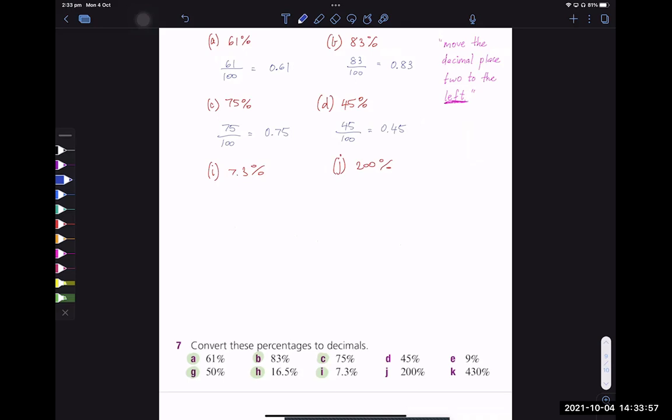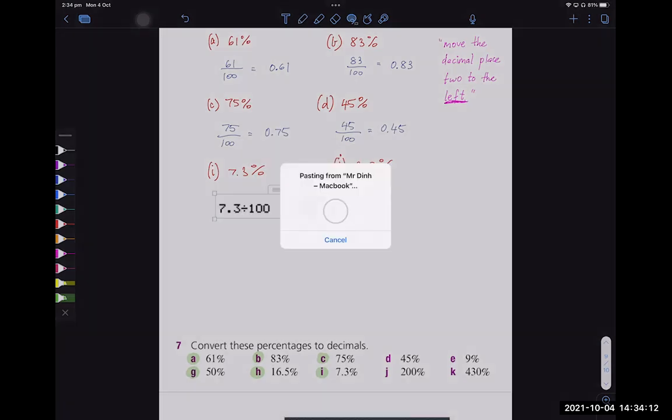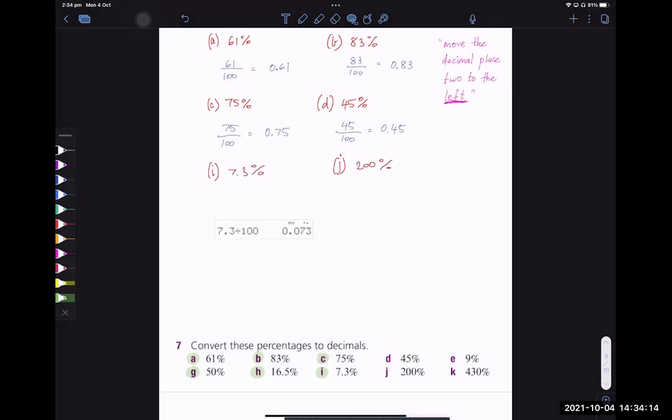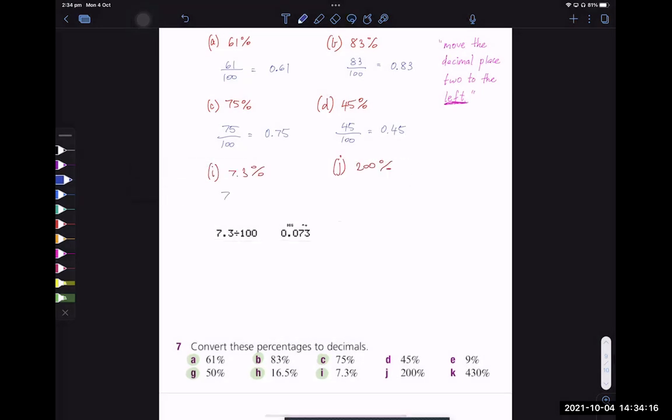So I've got 7.3 divided by 100. That's what I got on the calculator. So we just got to write it out. 7.3 divided by 100 equals 0.073.